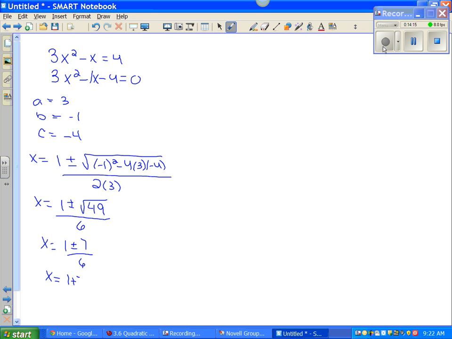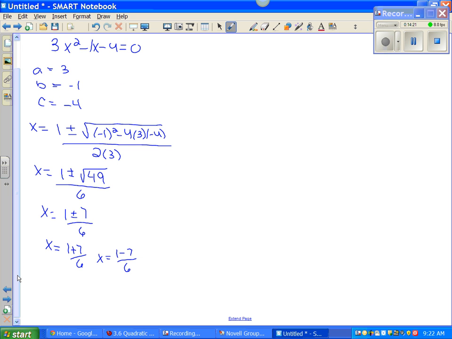Yeah, you have 1 plus 7 over 6, and you have 1 minus 7 over 6. So you should have solutions of 8/6 and negative 6/6. What's negative 6/6? Yeah. So x equals 4/3 and negative 1.